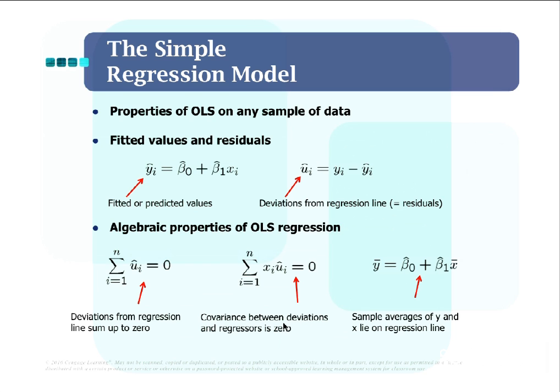This is the regressor, this is the deviation or the residual. The sum of xi times ui hat is equal to 0. Third, the sample averages of y and x lie on the regression line. That is, y bar, which equals 1 over n times the sum of yi from i equal to 1 to n.